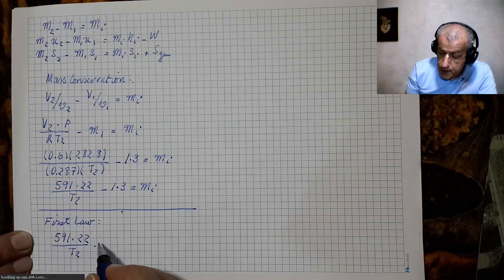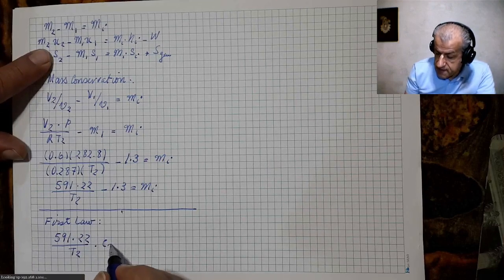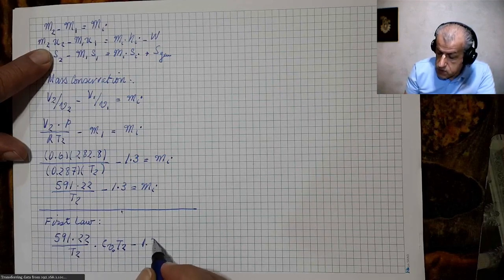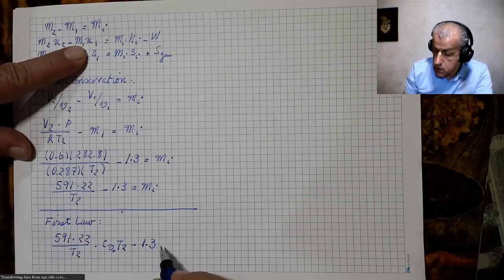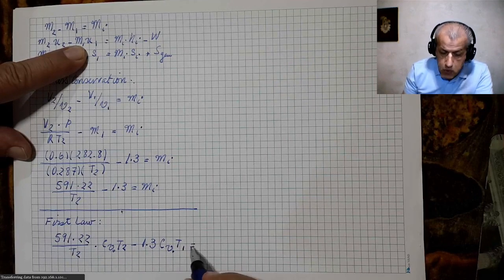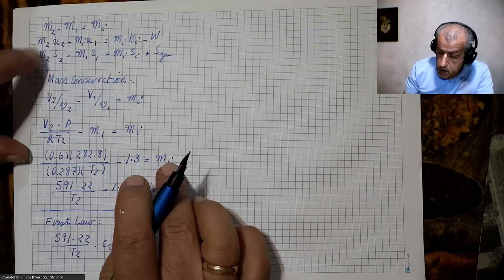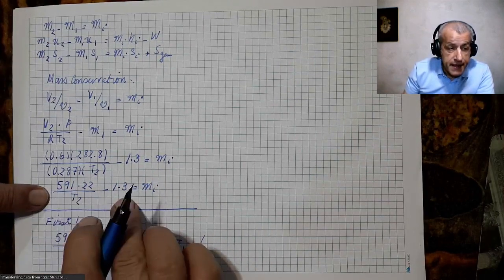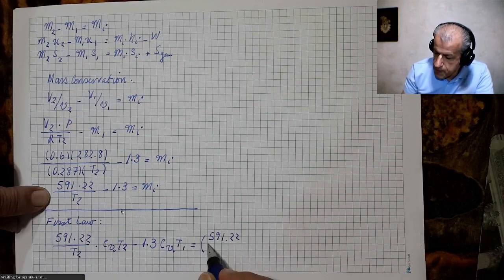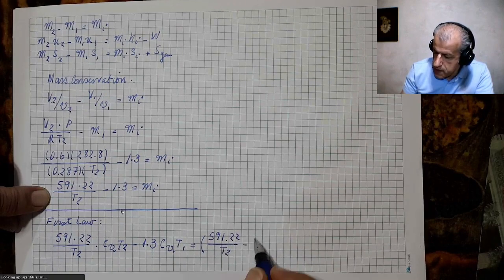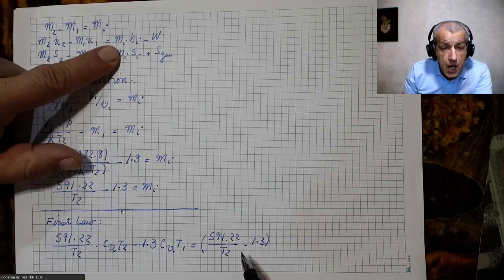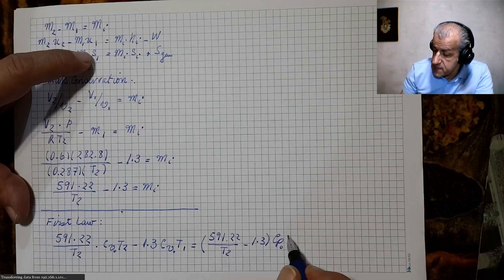times u2, which is Cv0 T2, minus m1, which is 1.3, times u1, which is Cv0 T1, and that equals mi, which is just these two terms, 591.22 divided by T2 minus 1.3, times hi, which is Cp0 Ti.